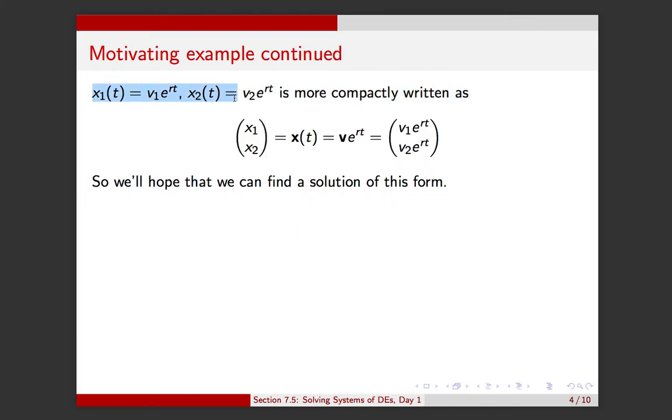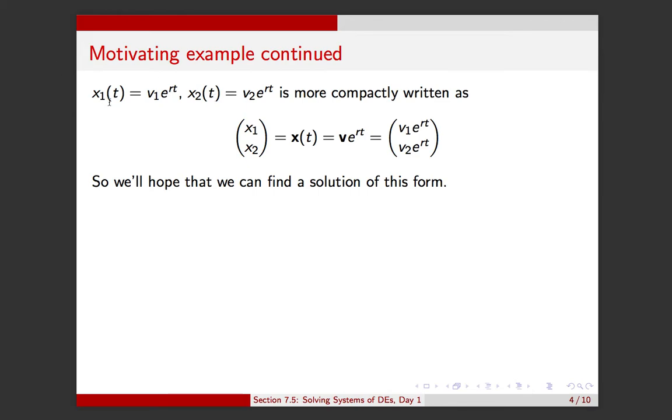This guess, x1 comma x2, is more compactly written like this: the vector, bold x. And what is bold x that we're hoping for? A constant times e to the rt, and then the bottom coordinate, another constant times e to the rt. So we're hoping we can find a solution that looks like this. Again, the matrix notation just makes things more streamlined.